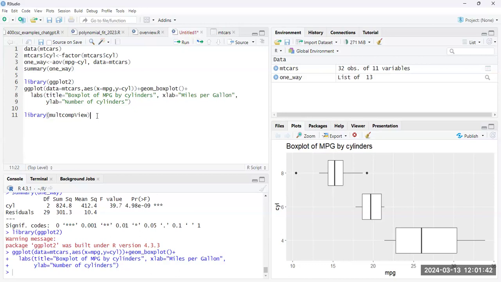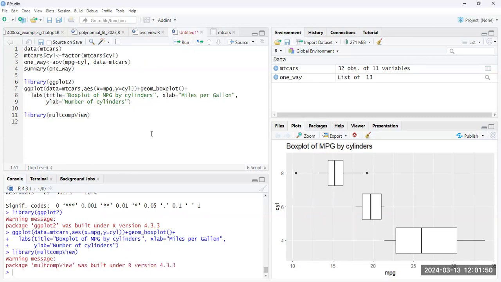Now, if you have not used this package before, you do need to install it before you activate it and load it to run. And so we're going to calculate our Tukey test, Tukey HSD on the one-way ANOVA analysis that we did before.